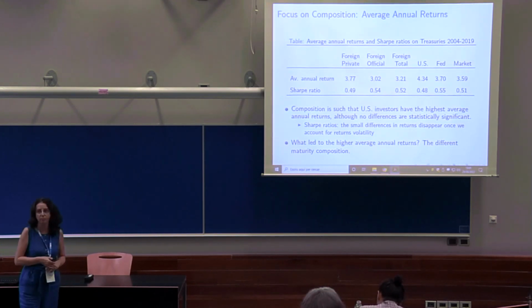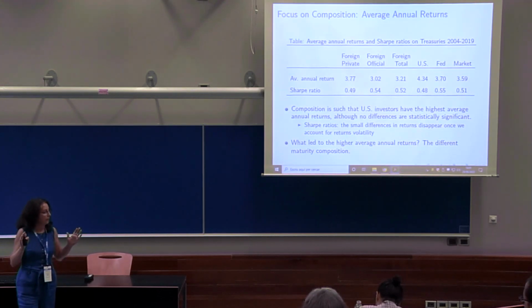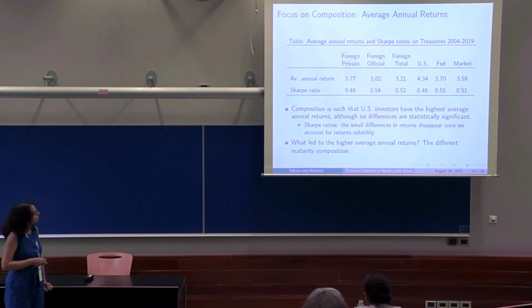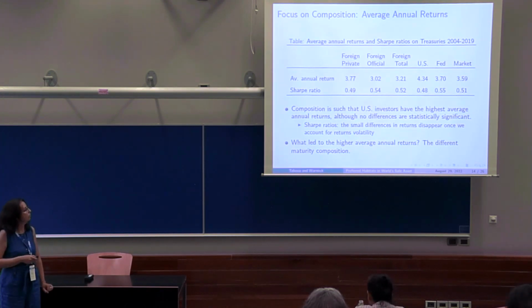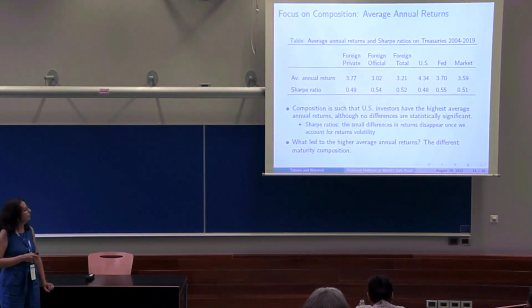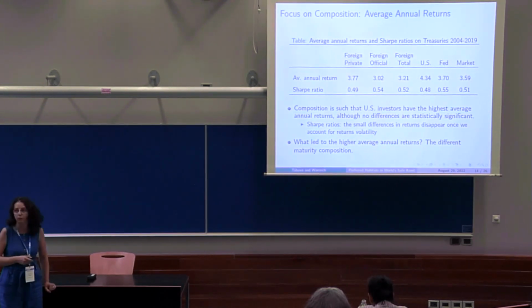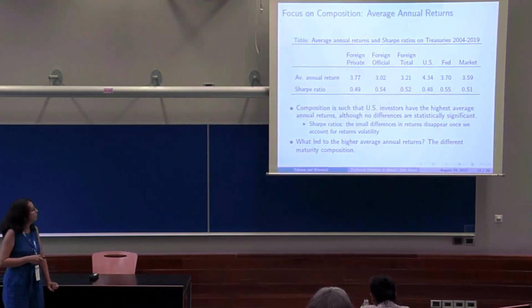Now, moving to calculating measures of performance, we start with the security level portfolios that would allow us to calculate average annual returns. Again, the sample period is 2004-2019. The top line shows you the average annual return per investor type for all investors, including the market as a benchmark.